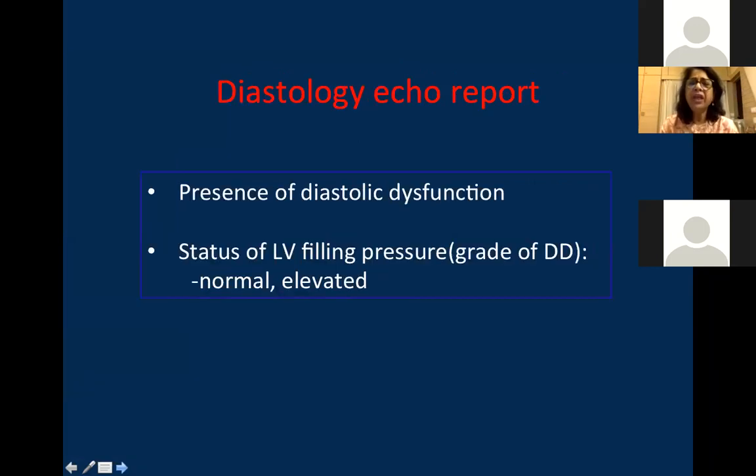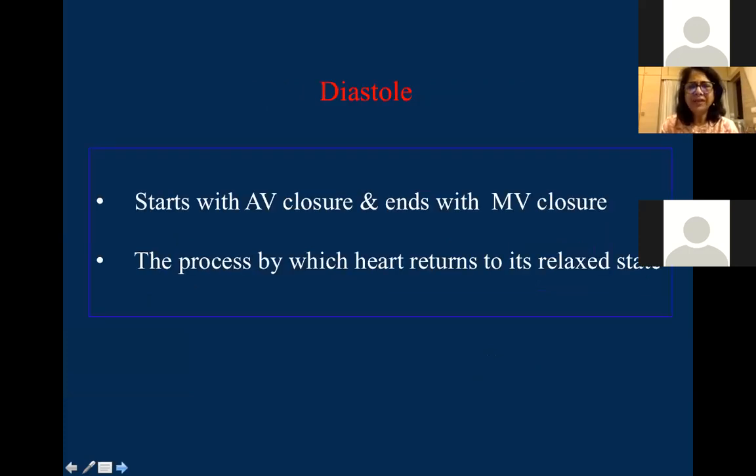So in our echo report, we not only mention the presence of diastolic dysfunction, we also mention the status of LV filling pressure, whether it's normal or elevated, and this way we grade the diastolic dysfunction also.